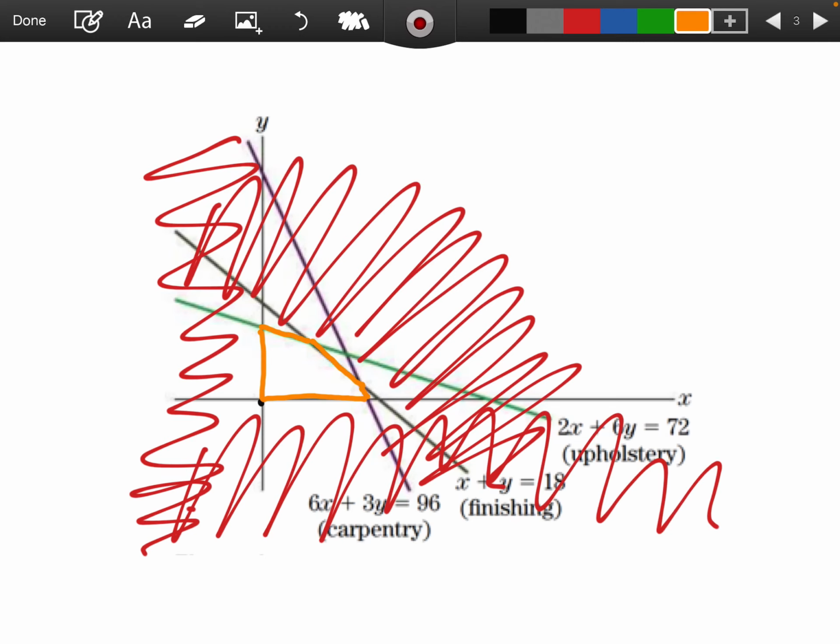Okay, so that's what we're going to look at in 3.3, but this is a really good real-world example of finding that feasible region, and then we're going to incorporate our section 3.3 of actually maximizing, or in some cases you're going to be minimizing a particular function within that feasible region. So that's where we're going to go next time in section 3.3.